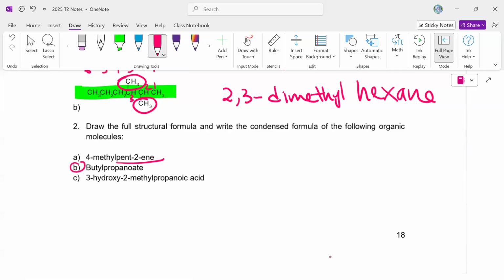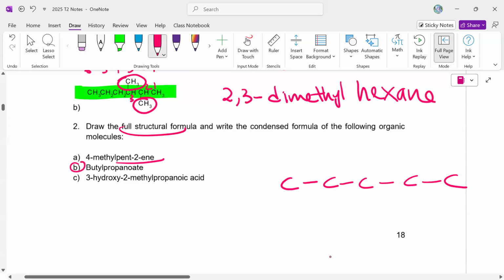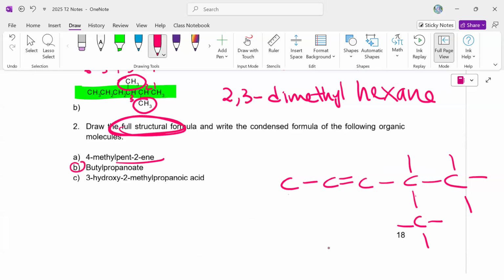Okay, so draw pent-2-ene first. Now read the question: full structural. So you also need to show every bond. 1, 2, this is number 2, 3, 4. And at number 4, there's a methyl group. So I have to show all the bonds. Check every carbon has 4 bonds.